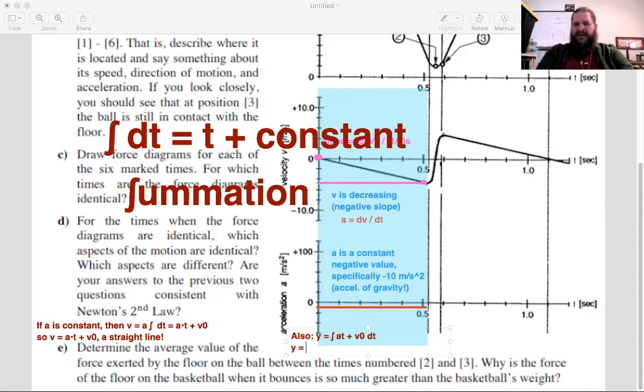And we could split that up into acceleration, because a constant can be pulled out, times the integral of time dt plus v naught times integral of 1 dt. And anyone remember what the integral of t dt is going to be? If you take t to the first power and integrate, what happens to it?